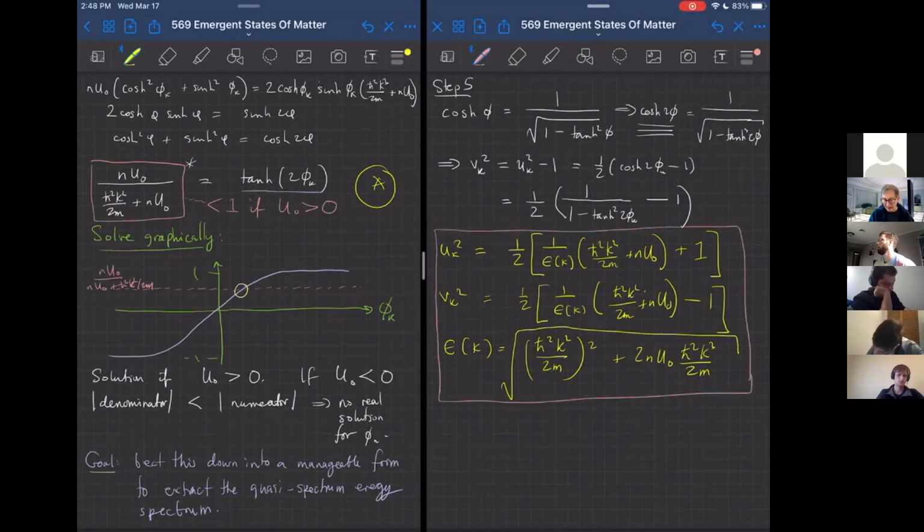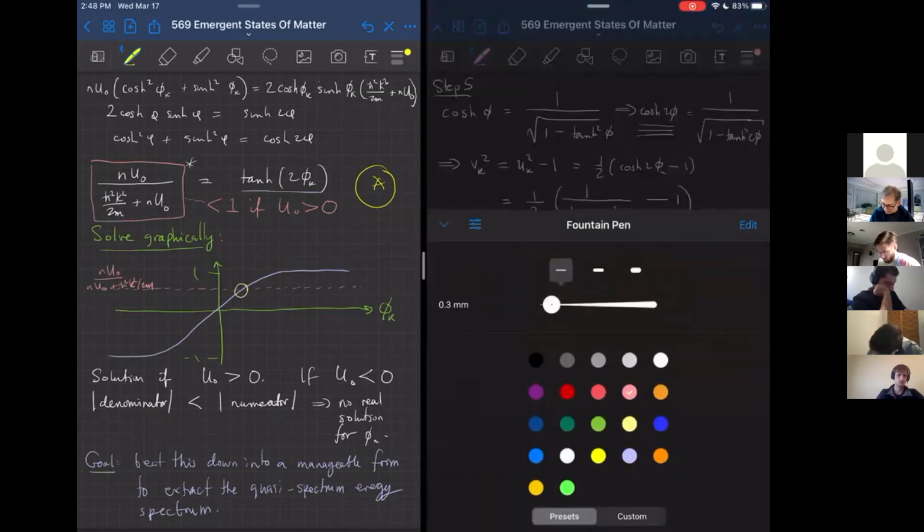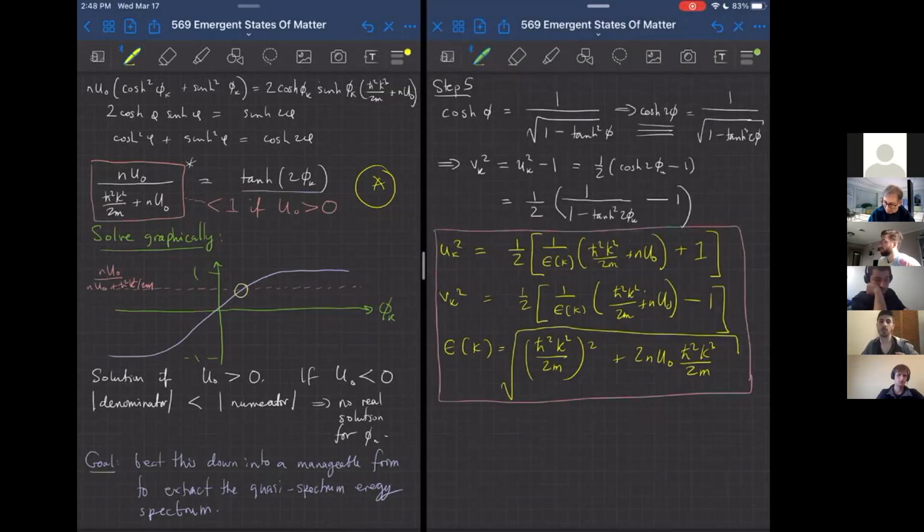Okay, so we found u, we found v. So in principle, we now have our solution. Now that we know u and v in terms of the alphas, we can simply plug that back into our equation for the Hamiltonian, and we will get the answer that we're looking for. So let's do step 6. So now we plug back in, and what you will find is this.